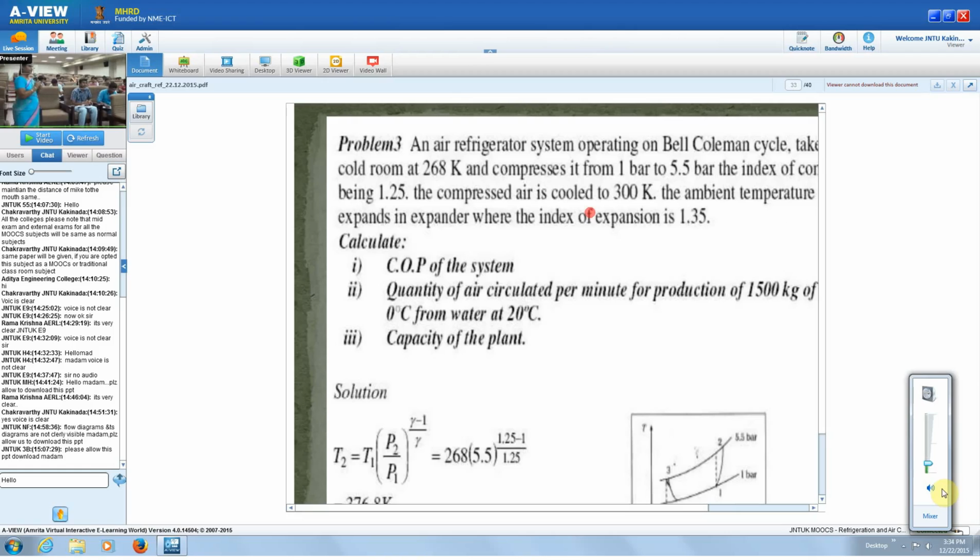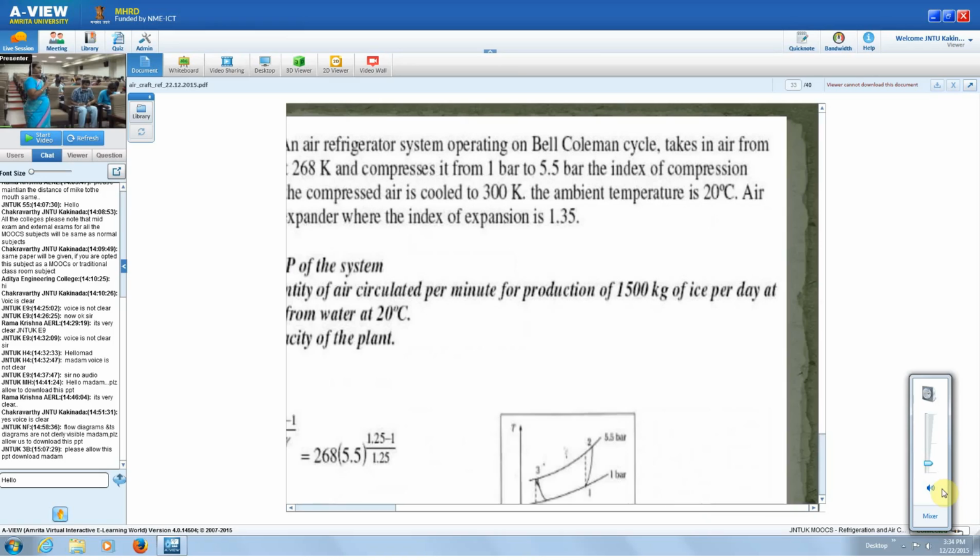Take another problem on this. An air refrigerator system operating on Bell-Coleman cycle takes air at cold room at 268 Kelvin and compresses it from 1 bar to 5.5 bar.